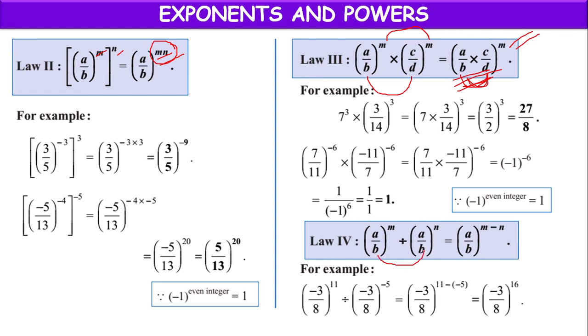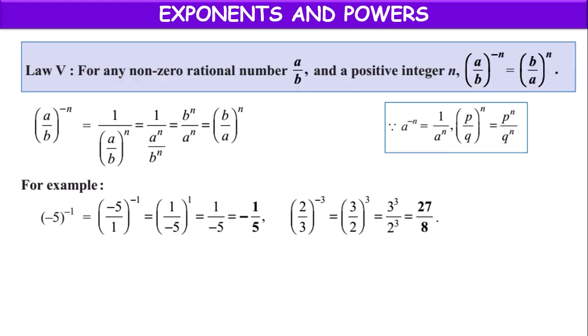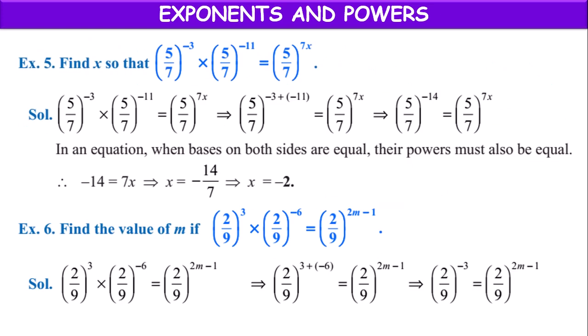If we divide the same bases with different powers, then we can take the base one time and subtract the exponents. If we have a negative exponent for a rational number, we can write its reciprocal and take the positive exponent. Okay, children, these are the laws of exponents.